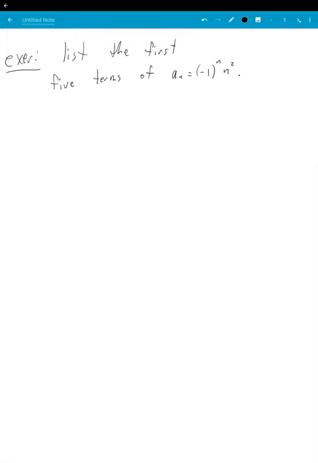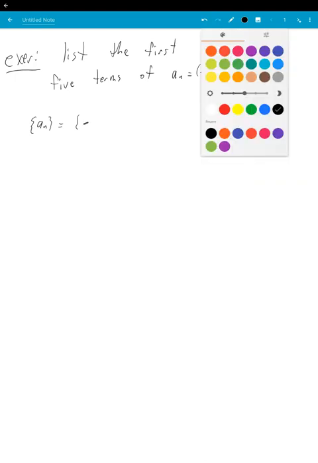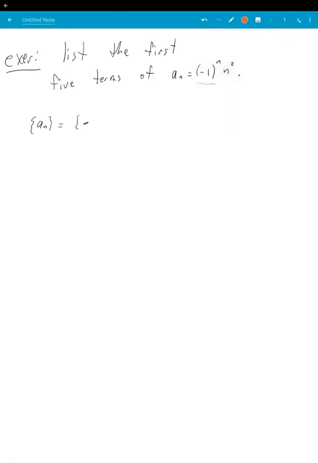So what I'm going to get here is, well, a_n is equal to, the first one, I plug in n equals 1, it's going to be giving me a negative. This is what is called the alternating factor.